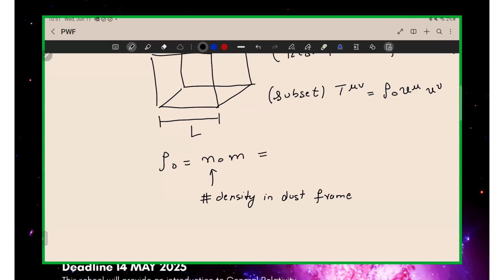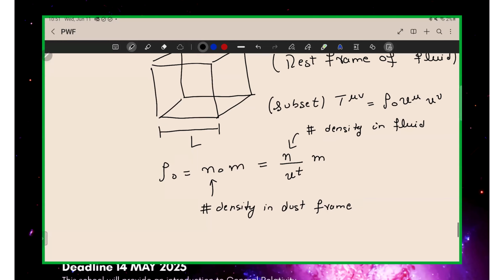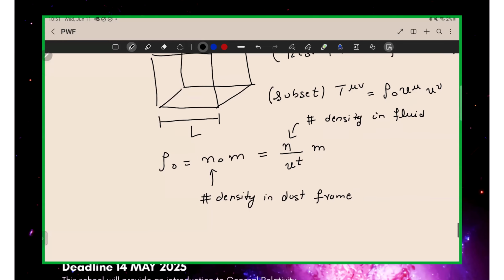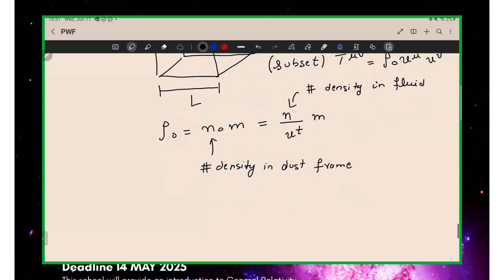So this is, as we saw earlier, equal to this thing. Now this is number density in the fluid's rest frame, right? If you use this particular equation, you can see that the stress tensor that we wrote earlier is this. So rho naught, something like this.